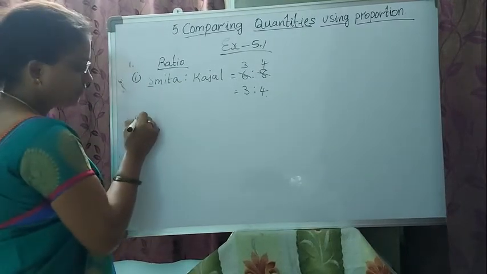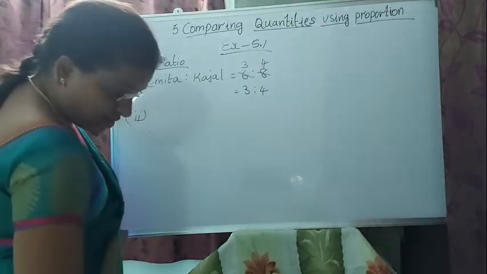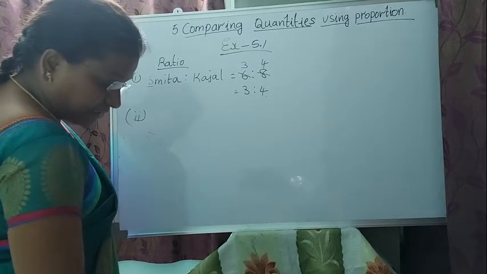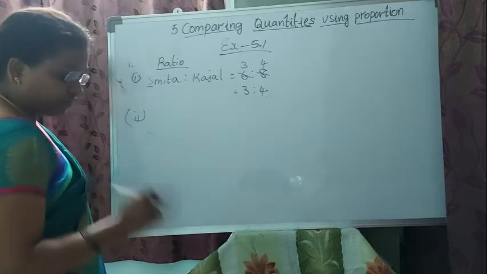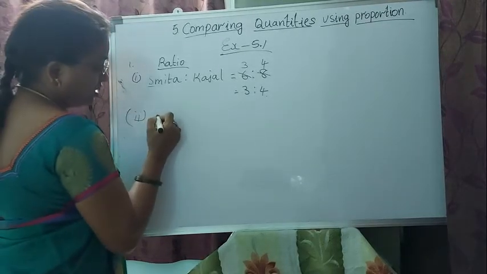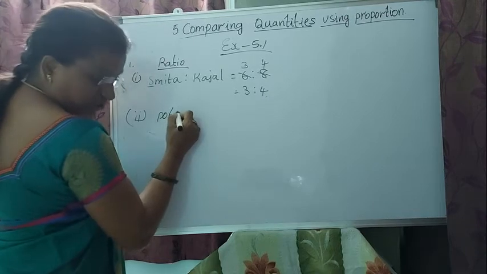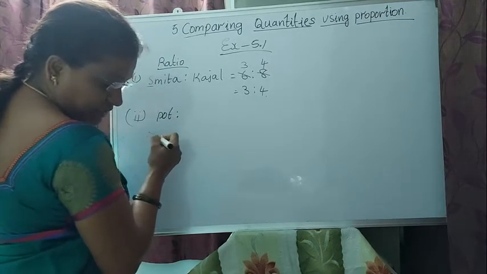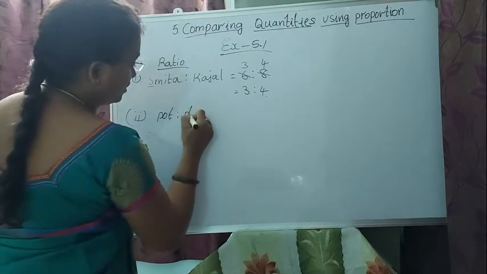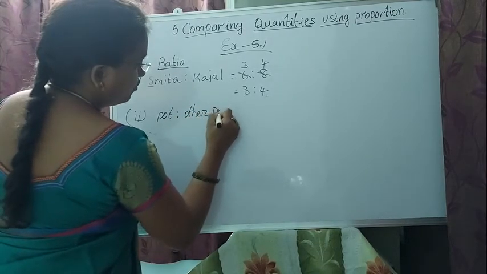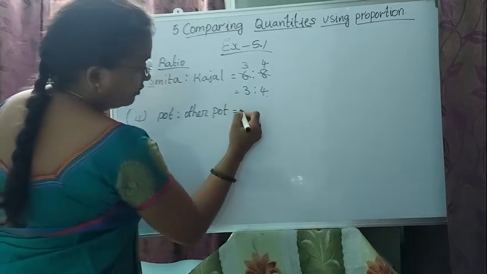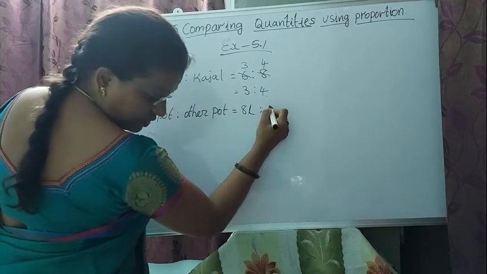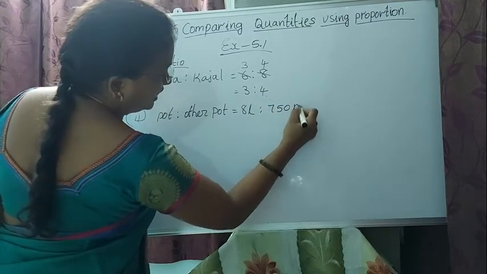Okay. Next, what is the second one? One pot contains 8 liters of milk while the other contains 750 milliliters. See, one pot is 8 liters and another pot 750 milliliters.